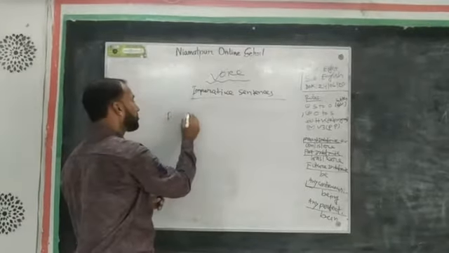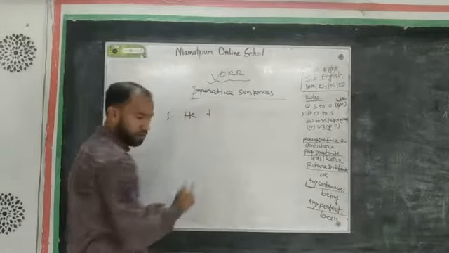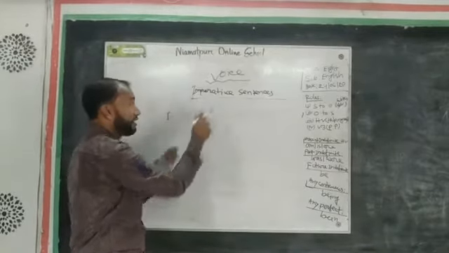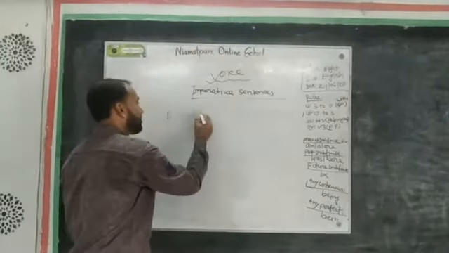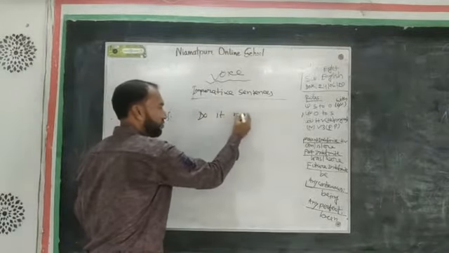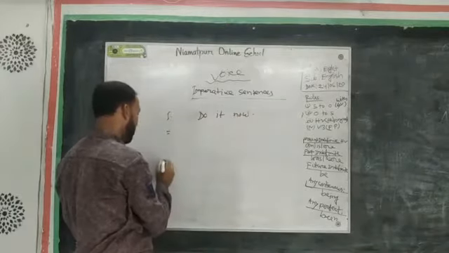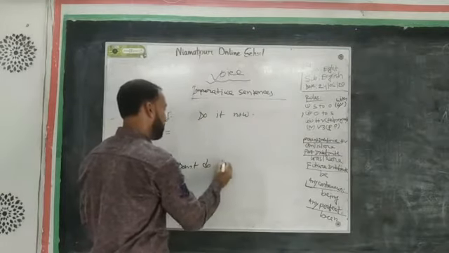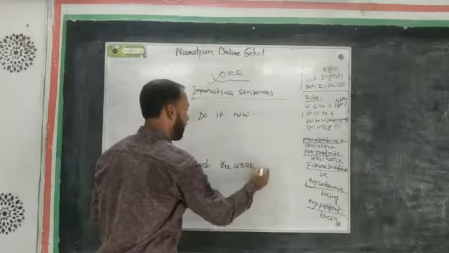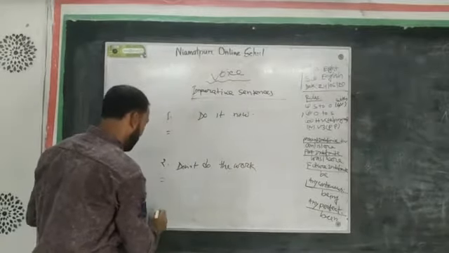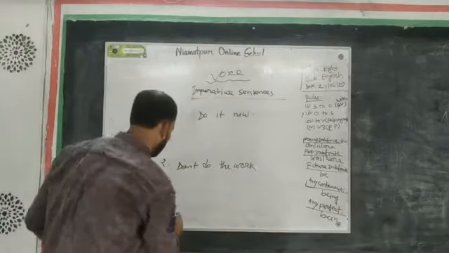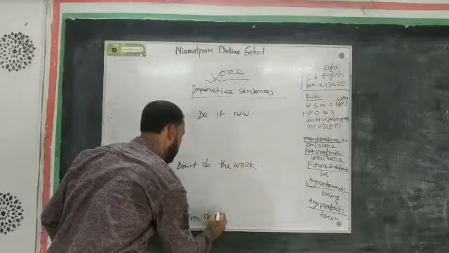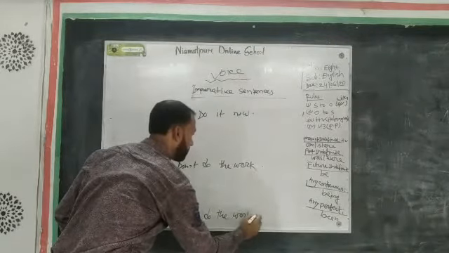Number 1, do it now. This is very easy. Number 2, don't do the what? Number 3, let him do the what?